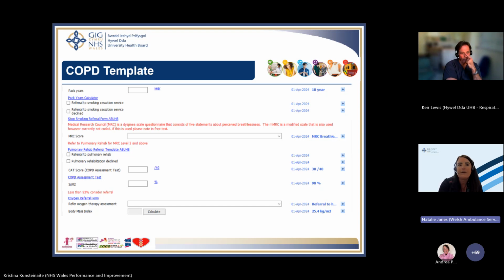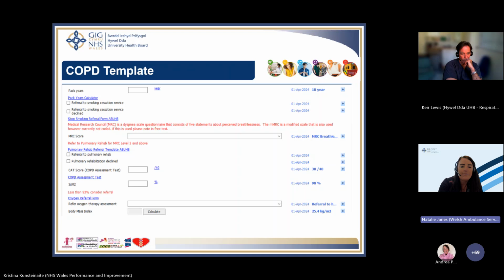As part of the network and the pulmonary rehab group, an All Wales pulmonary rehab template is currently being developed, and I'm hoping to see the final copy of this within the next 2 to 3 weeks so that we can integrate it within the COPE template.